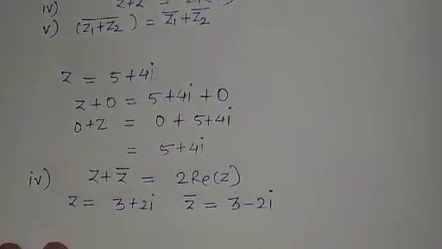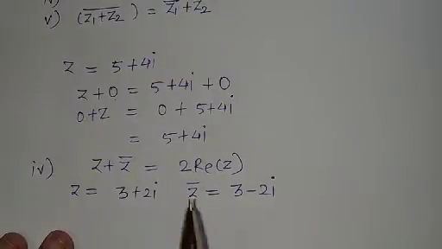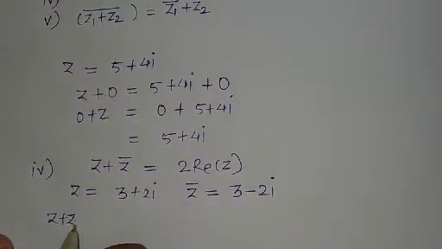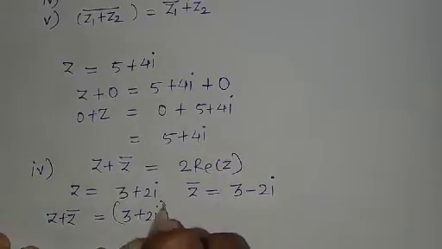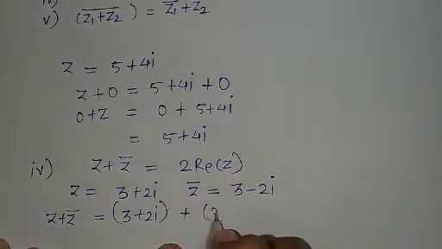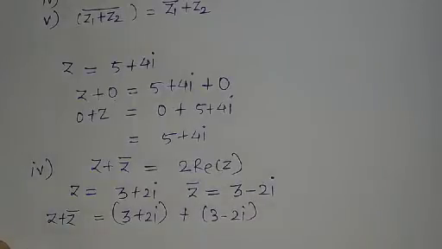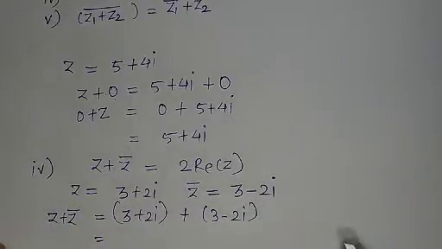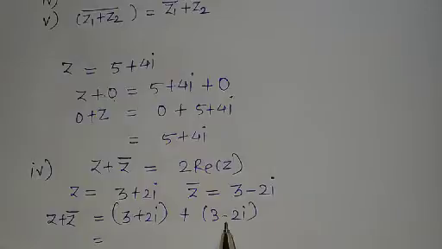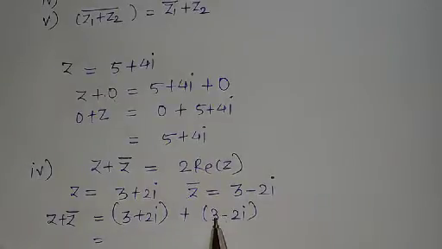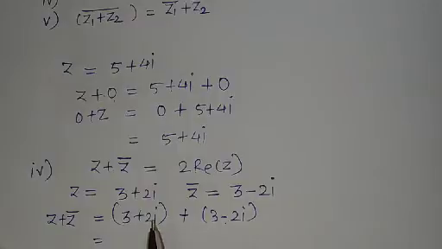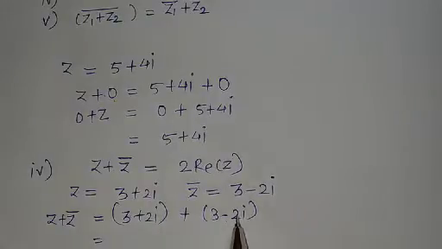So simply we have to add these two complex numbers, that is Z plus Z conjugate is equal to 3 plus 2i plus 3 minus 2i. So here addition of two complex numbers is nothing but addition of real parts and addition of imaginary parts.